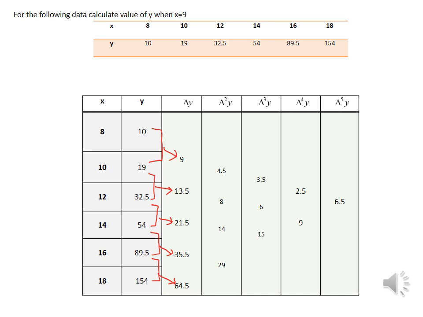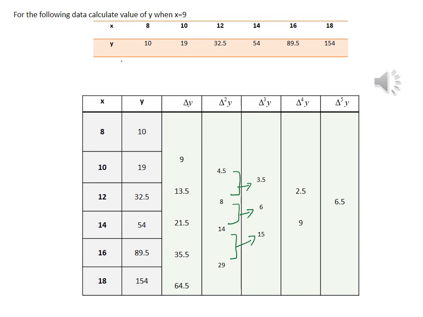Similarly, 32.5 minus 19 gives 13.5, etc. The second forward difference is obtained by subtracting the nearby terms. We get 13.5 minus 9, we get 4.5, 21.5 minus 13.5, we get 8, 35.5 minus 21.5, we get 14, 64.5 minus 35.5, we get 29.